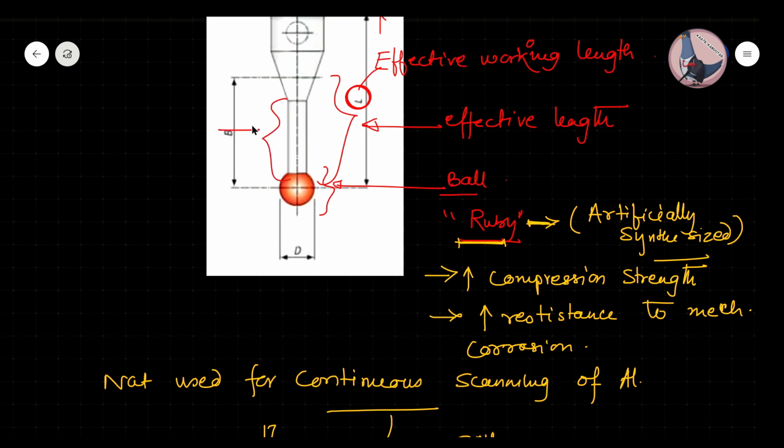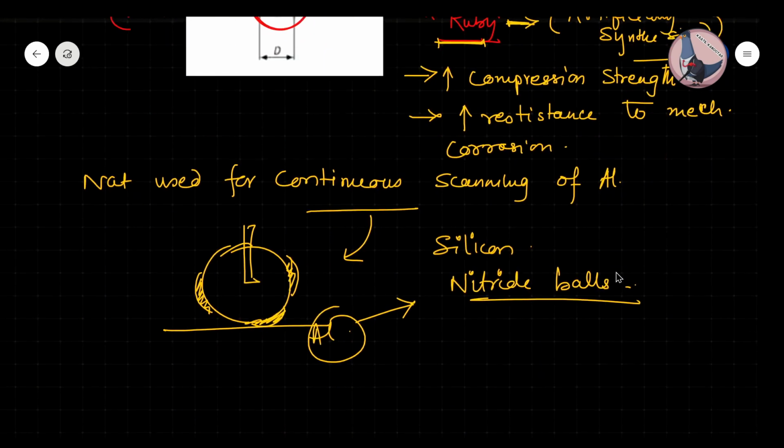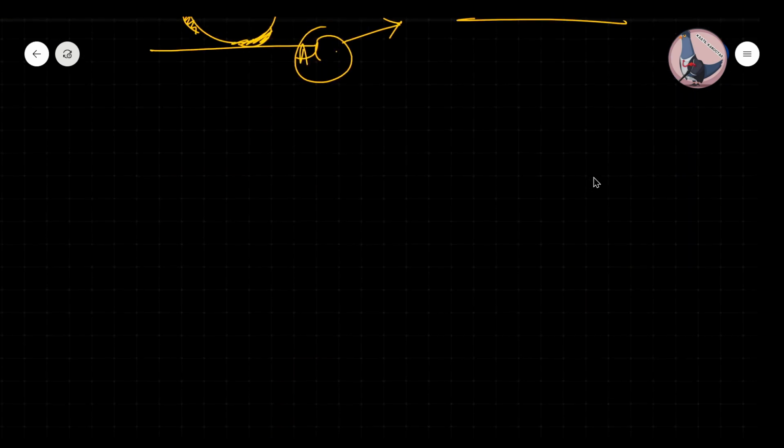And when the probe size is very large, then it is made up of ceramic. Ceramic is used for a higher diameter of balls. Okay, so this is the basic construction of it. Now there is one small thing we will talk about: errors related to ball diameter.